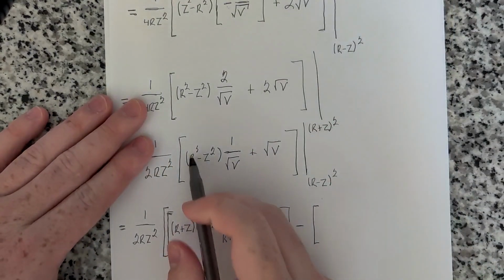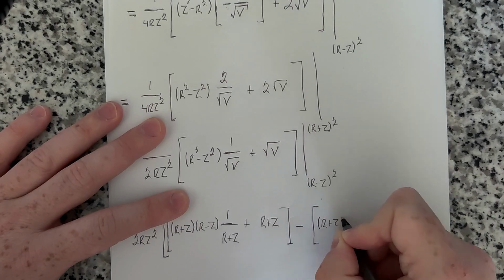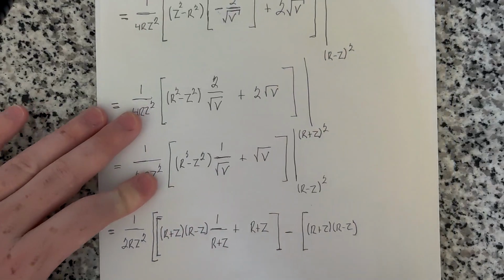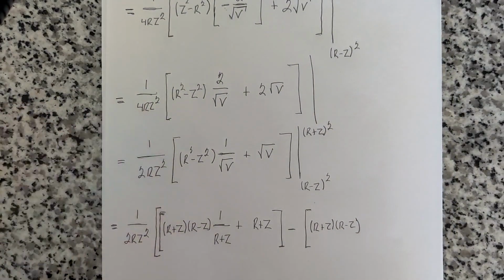So we plug in r minus z squared. So again, we have r plus z times r minus z, which is just this, just factored out. And I'm doing that because we're going to have a lot of r plus z and r minus z to cancel out here.